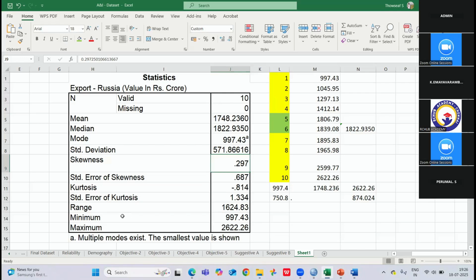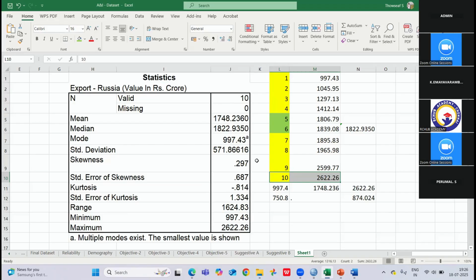During the first year, 2014, it exported the lowest value. The lowest value is recorded. And during 2024, the highest value has been recorded. And the standard deviation from the mean value for the export to Russia is 571.866.